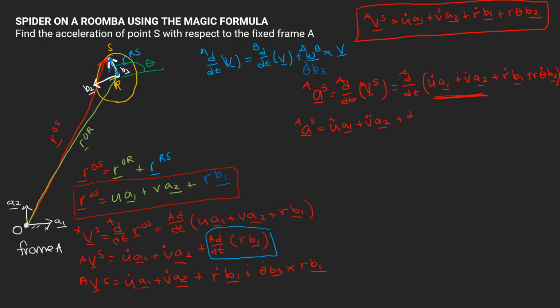Now we have to take the time derivative of r dot b1 in frame A plus the time derivative of r theta dot b2 in frame A. So it turns out that we're actually going to have to use the magic formula twice here.